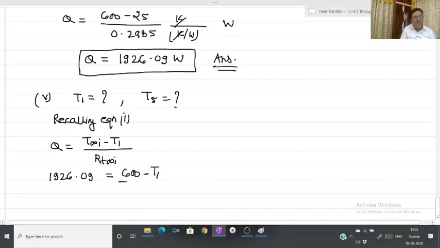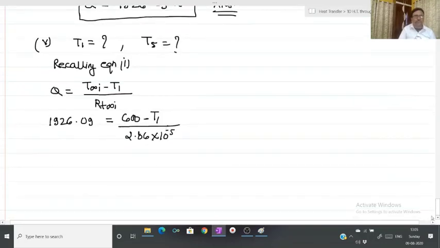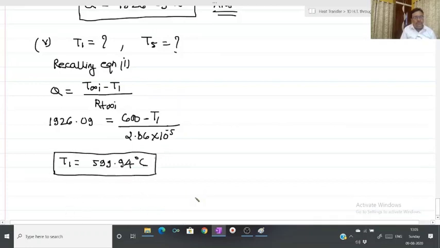The value of T1 is to be calculated and the value of RT infinity I is 2.86 into 10 to the power minus 5. From here, the value of T1 I could get as 599.94 degrees Celsius. So this will be the answer.